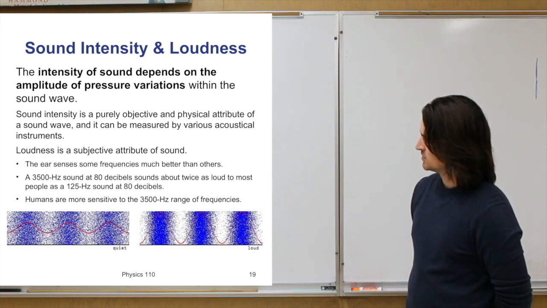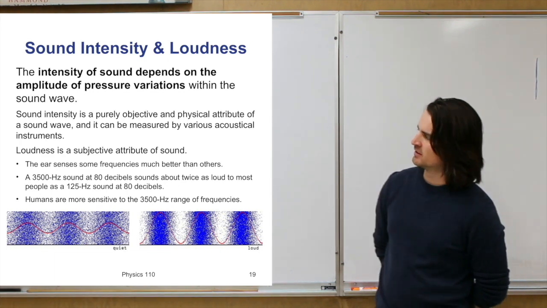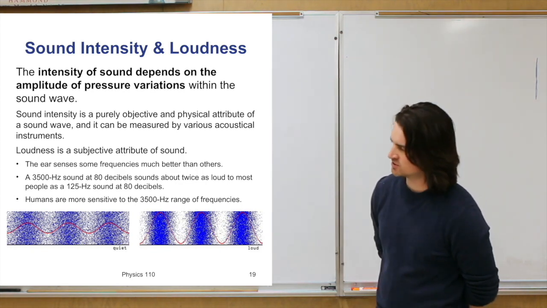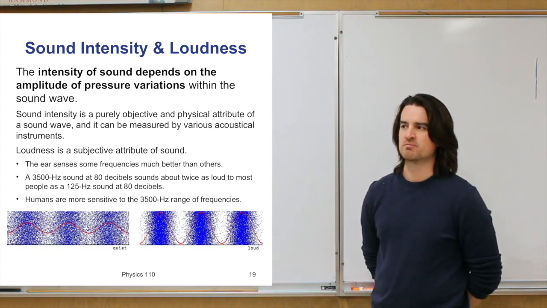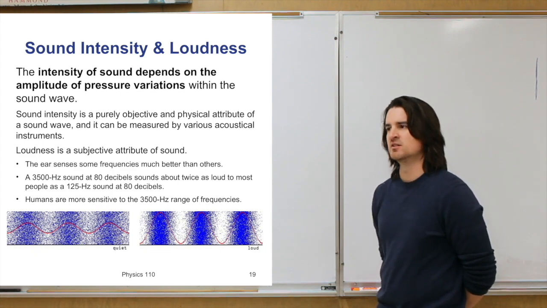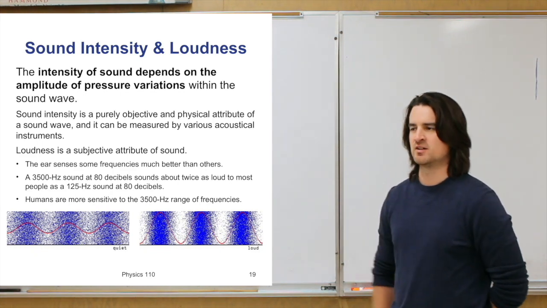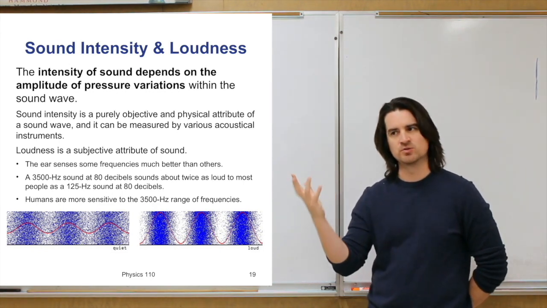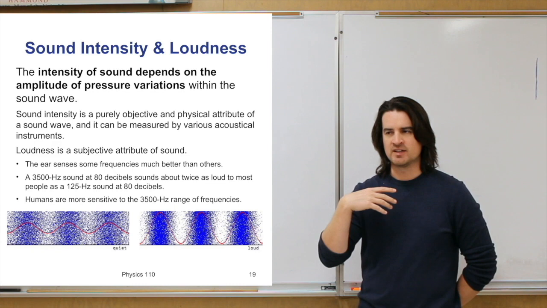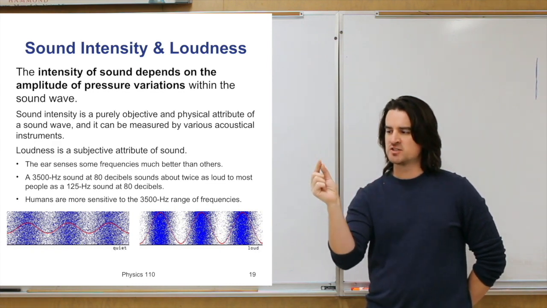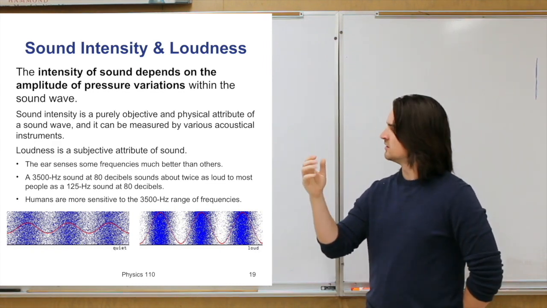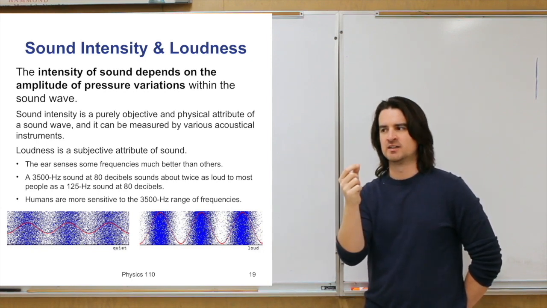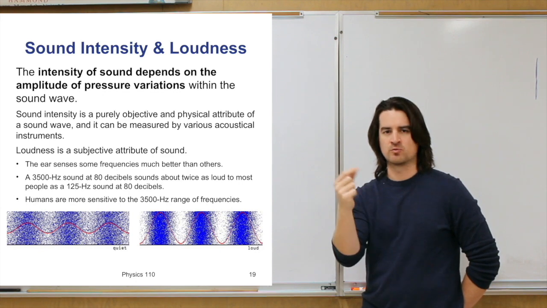But it turns out that the loudness of a sound is actually not just dependent on the peak pressure, because the loudness is in a way dependent on how our ears have evolved to interpret sound. It's not just how much the eardrum will move, which would be determined by the amplitude of the wave.